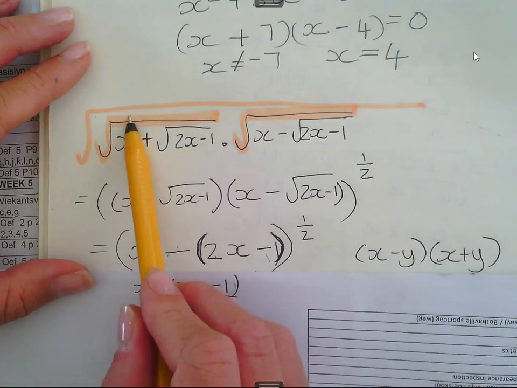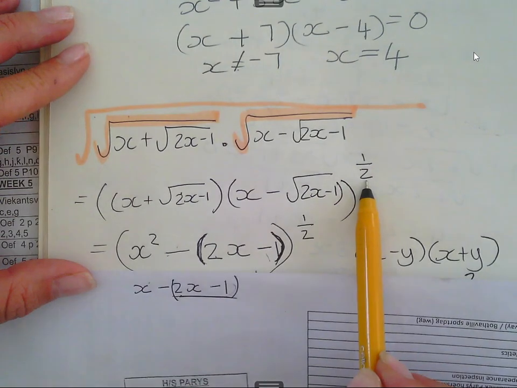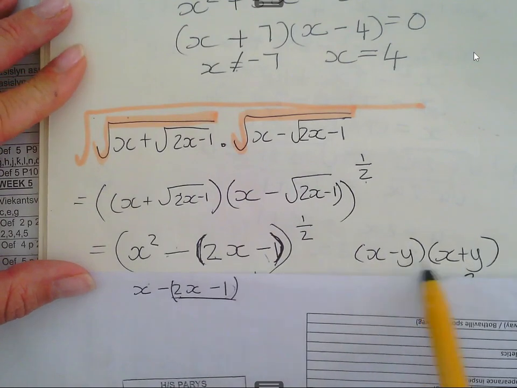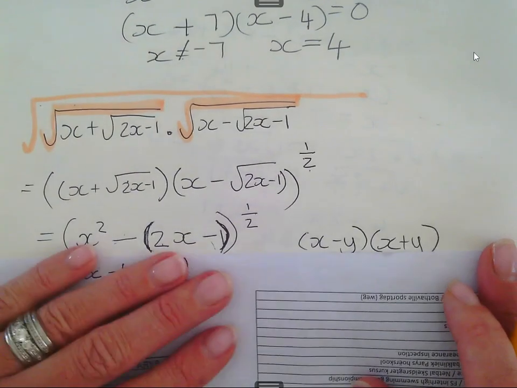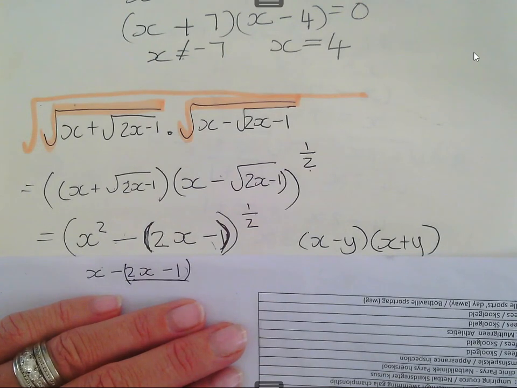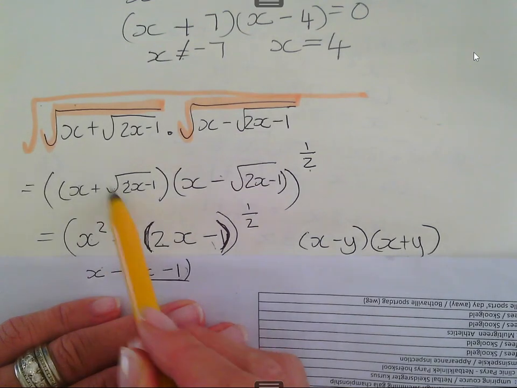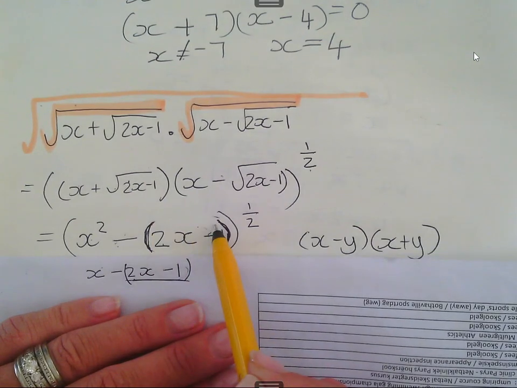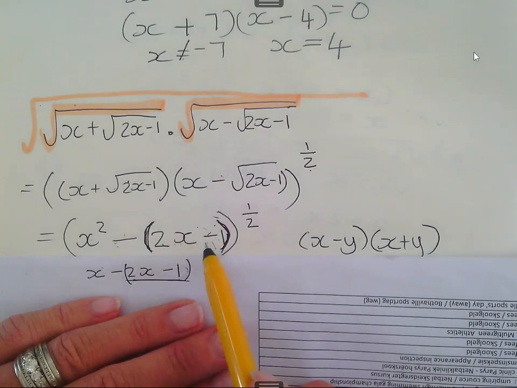So what I did from here to here is I wrote that big square root as a half. Then I noticed that those two are actually the same as x minus y, x plus y, which is the difference of two squares multiplied out. So I write it back in the difference of two squares format, which will be this one squared minus the second one squared. The square and the square root got rid of each other. But it's two terms that must subtract, so therefore it must be in brackets.